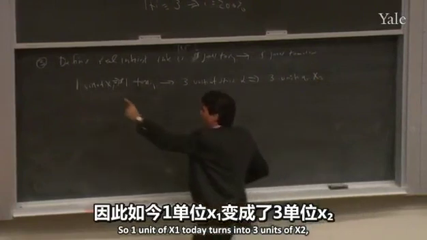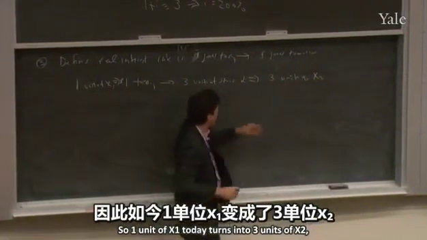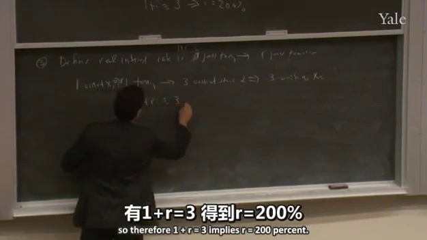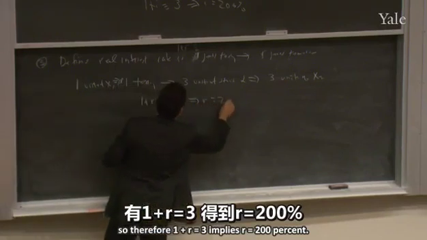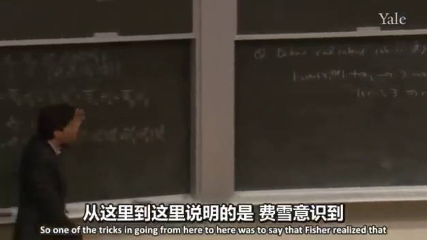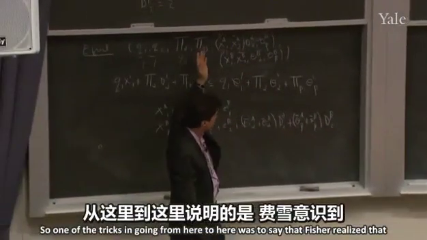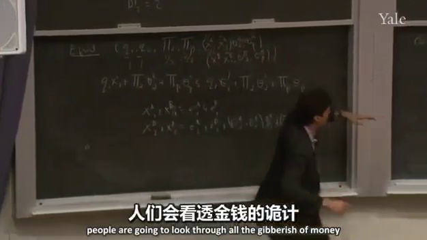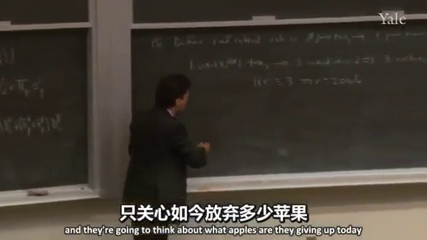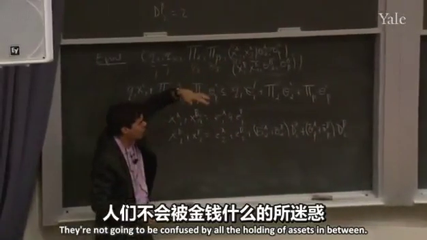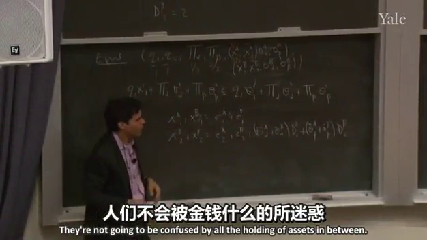Okay, so 1 unit of X1 today turns into 3 units of X2, so therefore 1 plus R equals 3, which implies R equals 200%. So that's the real rate of interest. So Fisher realized that people are going to look through all the gibberish of money and think about what apples they are giving up today and what apples they are getting tomorrow. They're not going to be confused by all the holding of assets in between.